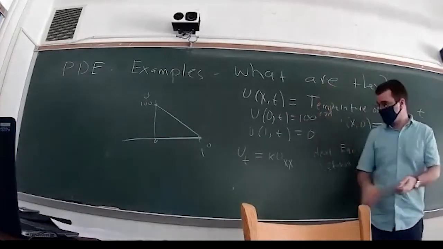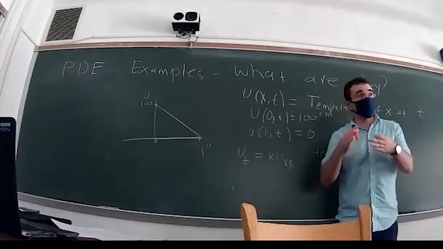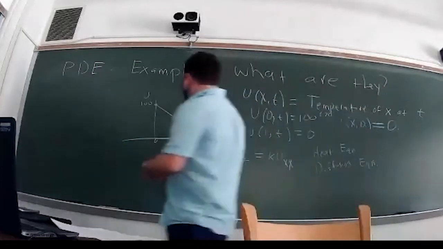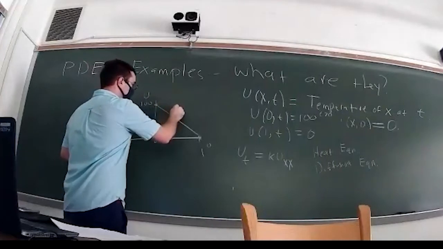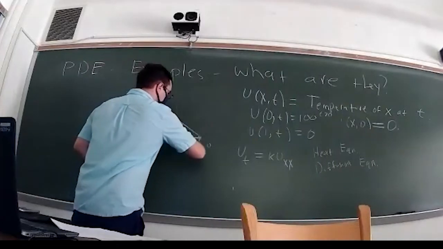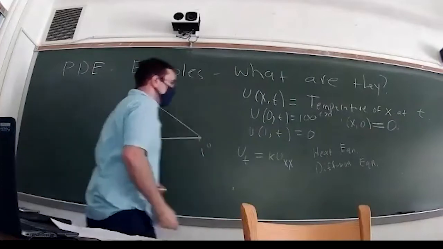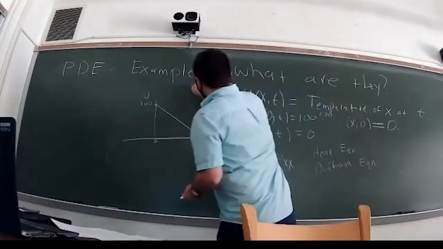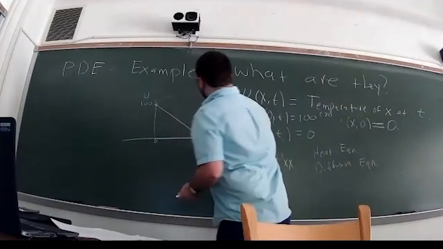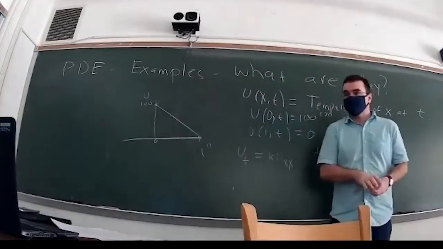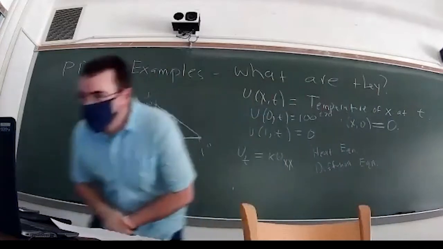So for instance, what if this was my initial state? What if the pink line, is that visible?